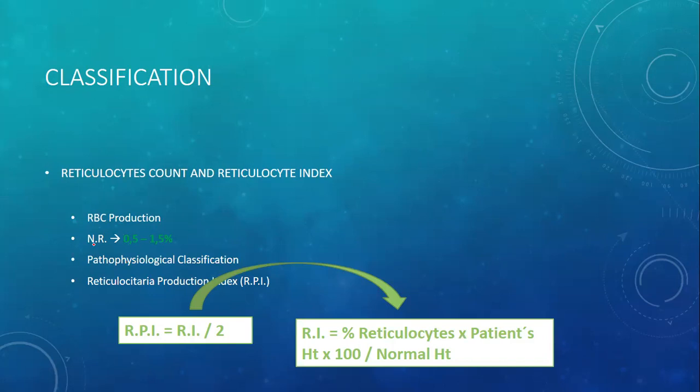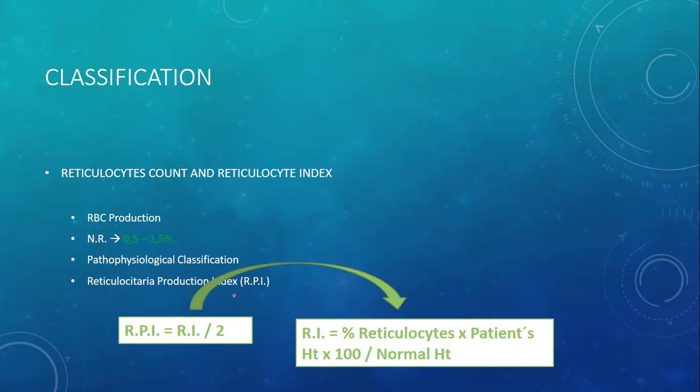So what is the percentage of reticulocytes found in a peripheral blood sample? From 0.5 to 1.5% of all the red blood cells should be reticulocytes, okay? And this is how we get our report from the laboratory, in percentage, okay?